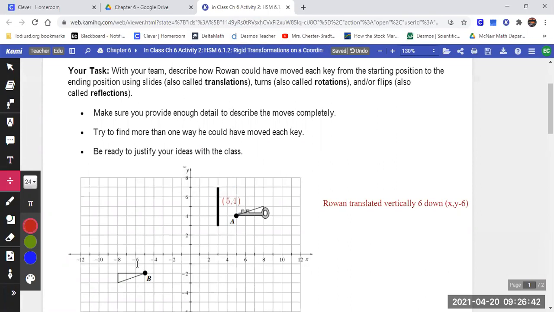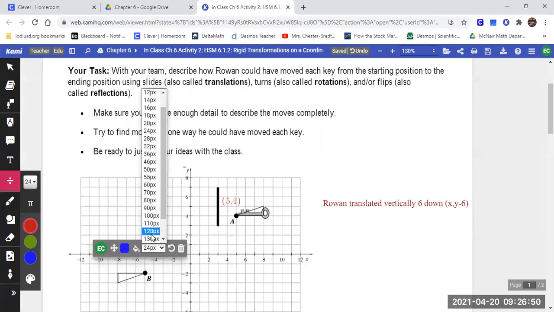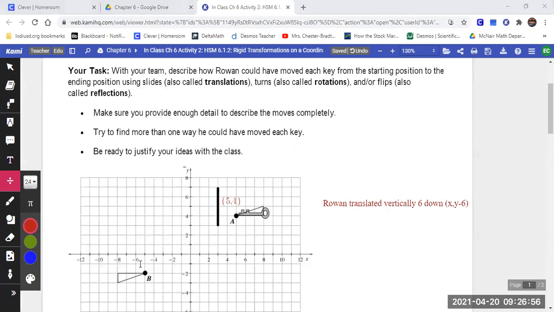What's our coordinate on spot B? Let's get that one in here too. And I'm going to make him blue because he's an ending point. What's our coordinate for spot B? -5, -2. Okay, so let's get that in here.